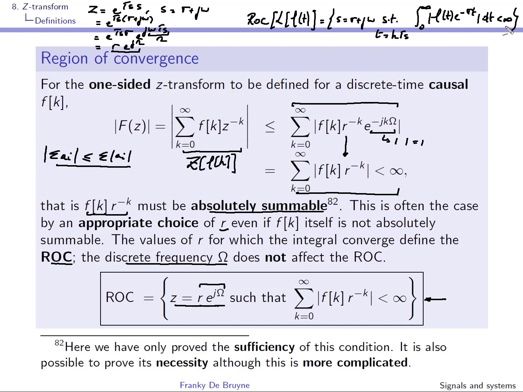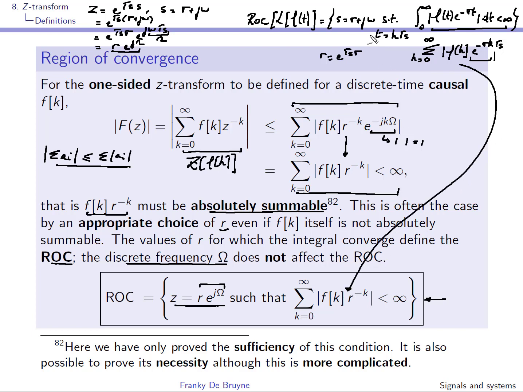This looks a lot like what you have got over here, and if you take t equal to k Ts and plug this in here, you will see that you have a sum of k going from 0 to infinity of f of k e to the minus sigma k Ts. And since r is equal to e to the Ts sigma, this is indeed what you have over here.